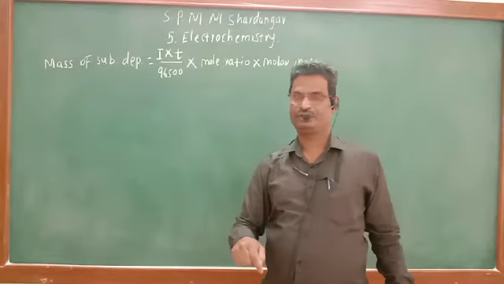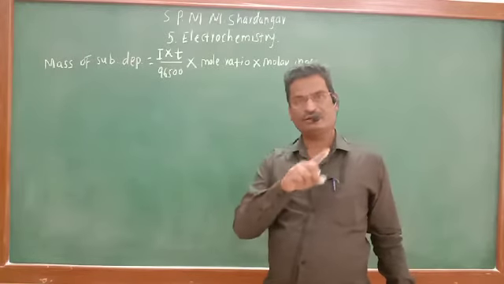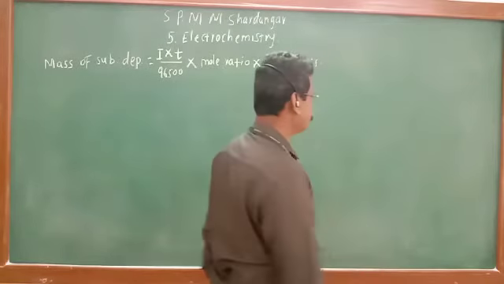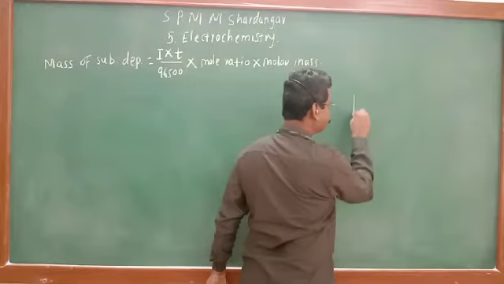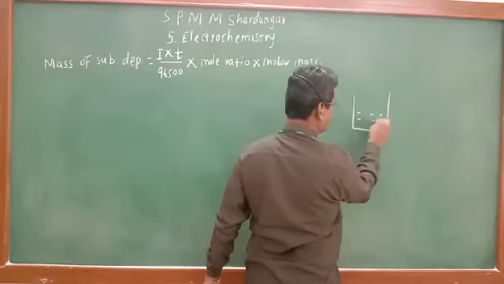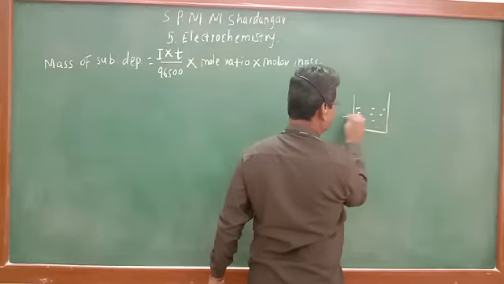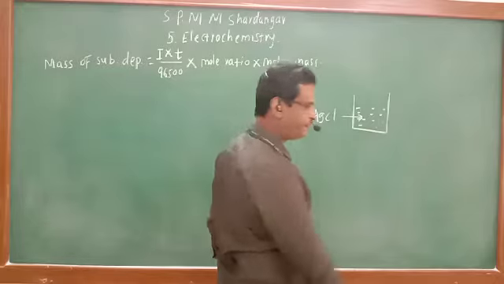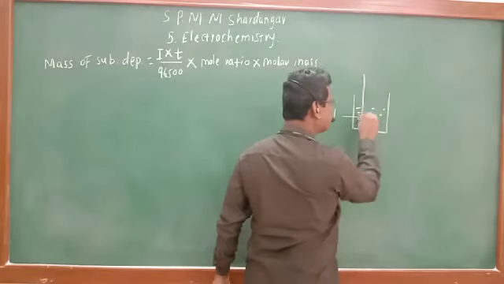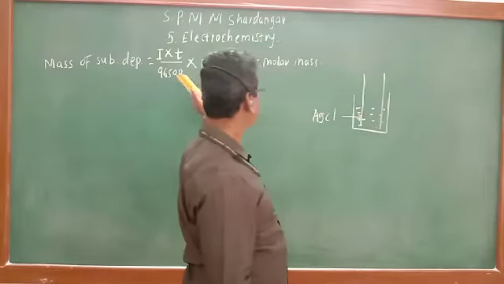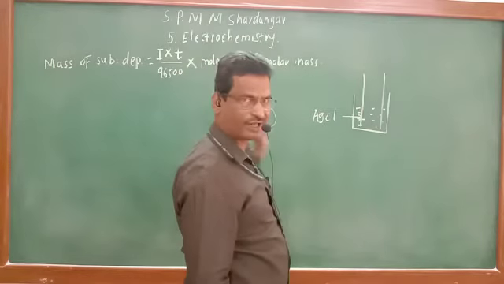Now, instead of one electrolyte solution, if there are two electrolyte solutions... See here, this is the one electrolyte solution. Suppose it is AgCl. If it is electrolyzed, these calculations, that formula, are applicable.